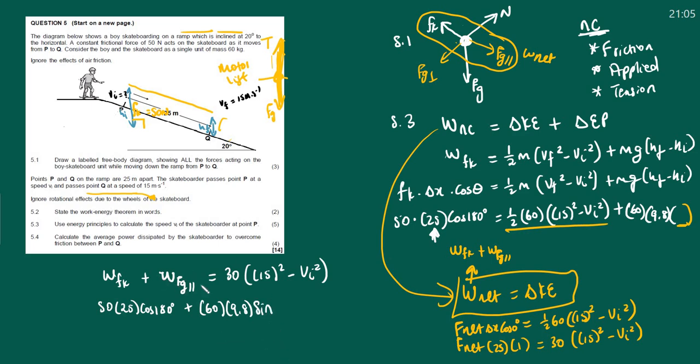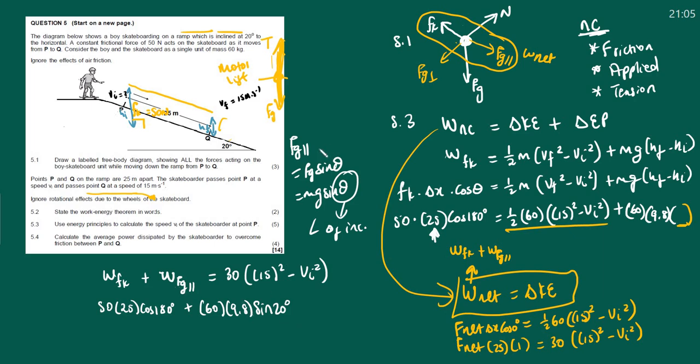And then for this Fg parallel, remember Fg parallel is Fg sine theta, which can also be written as mg sine theta. So here I substituted the mass as 60, g as 9.8, sine theta. You should remember that it is the angle of inclination, which is this one here, the 20 degrees, okay?